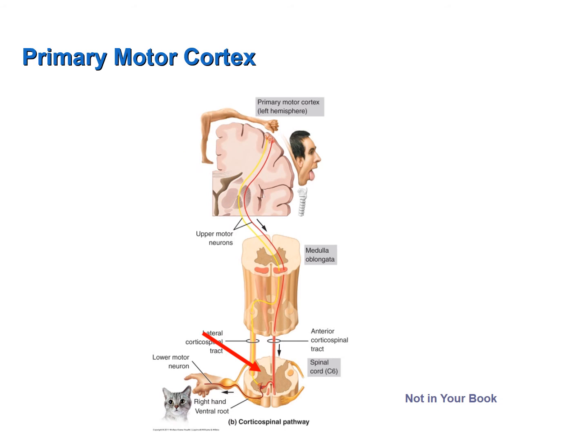They cross over to the opposite side of the spinal cord and then out to muscles of the right hand. Again, notice that the primary motor cortex in the left cerebral hemisphere is responsible for movement of skeletal muscles on the right side of the body.